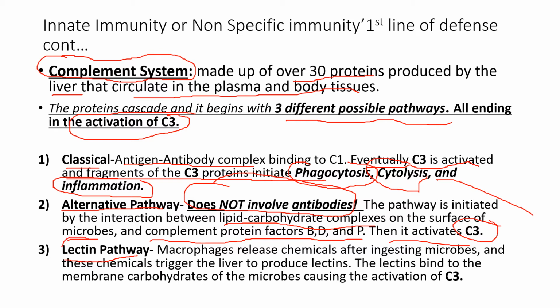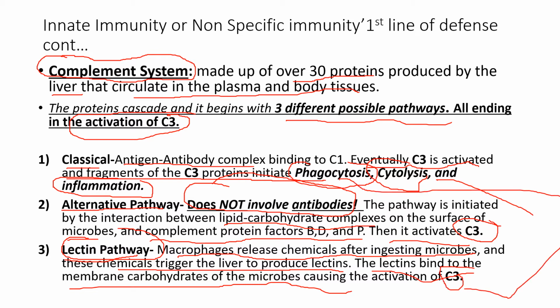The lectin pathway is when macrophages release chemicals after ingesting a microbe, and these chemicals trigger the liver to produce lectins. The lectins bind to the membrane carbohydrates of the microbes, causing activation of C3, which would then lead to phagocytosis, cytolysis, and inflammation.